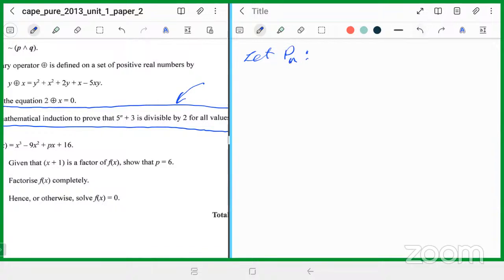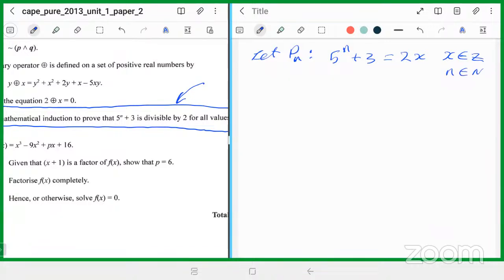Let the statement Pn be such that 5 to the n plus 3 is equal to 2 times some other multiple, 2x, where x is an integer. Most times x is a natural number as well, but we can say x is an integer because it can become useful in the next part. And n is your natural number.